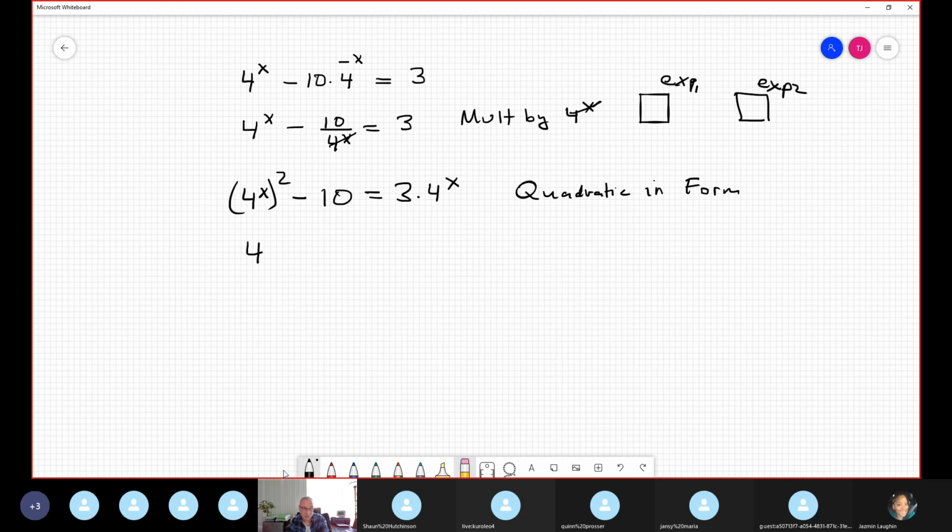Actually this is 4 to the 2x. So using the property of the multiplication of exponents, 4 to the 2x minus 10 is equal to 3 times 4 to the x. So this exponent is twice this one.